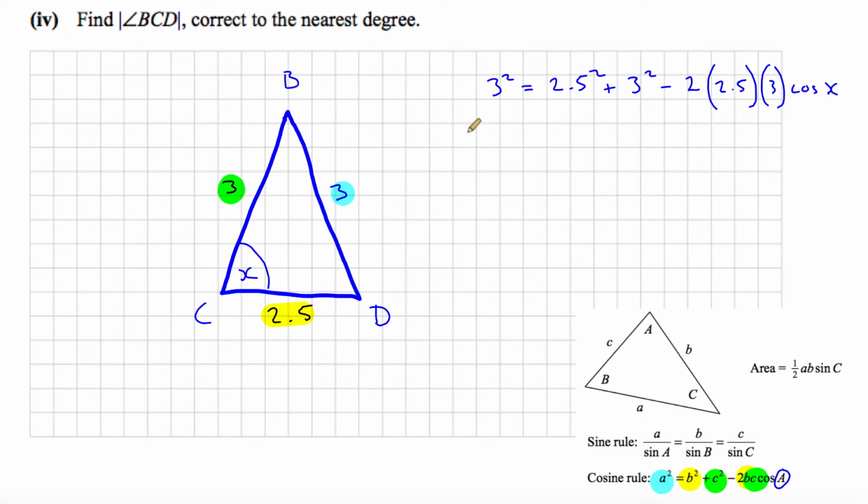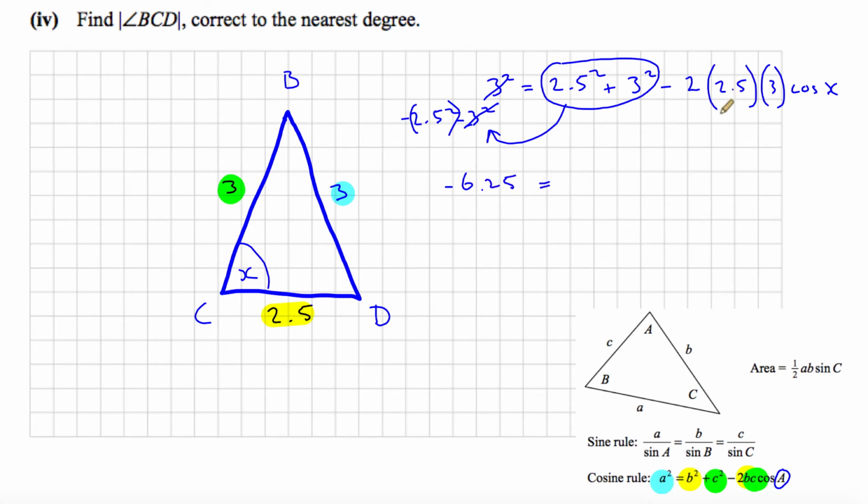I bring both of these over to the other side, and they become minus 2.5 squared and minus 3 squared. 3 squared minus 3 squared is nothing, so I'm left with minus 2.5 squared, that's minus 6.25 over here.